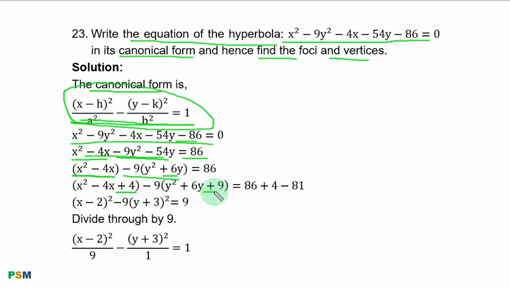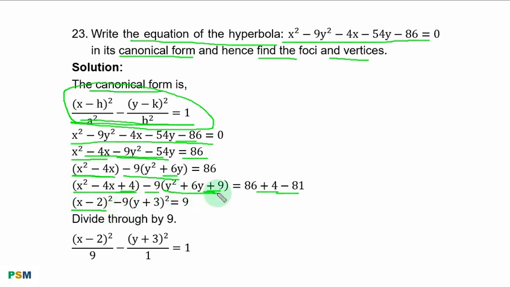In order to have a balanced equation, this 4 here, you come here and add it. Here is 9 times minus 9. You have minus 81. You add minus 81 also. If you factorize from here, you have these results.